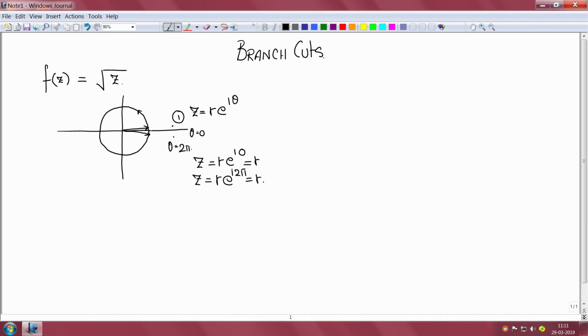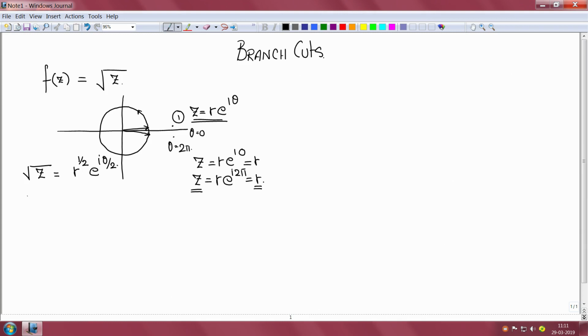So at the same point on the plane, the z value acquires the same value r. But look at the function square root of z. So square root of z now on this curve, which is parameterized as r e to the power i theta, is r, the magnitude, to the power half, e to the power i theta by 2.